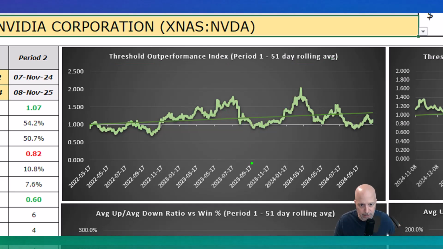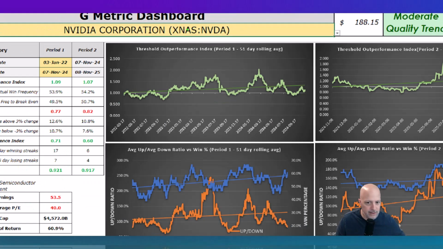Let me clean up the graph a bit here. So right now the reading suggests, if we look at the latest point on the trend line, and then we look at the standard deviation of the data, the trend suggests a high confidence in the persistence of this trend regime, meaning the stock has been behaving consistently relative to its threshold. If I escape out of this, now let me clean it up first, and then we escape out of this.